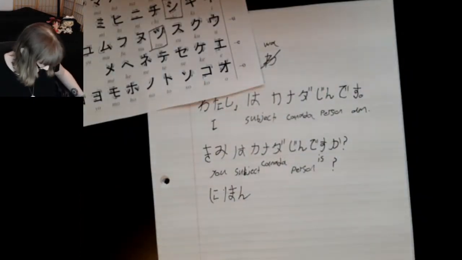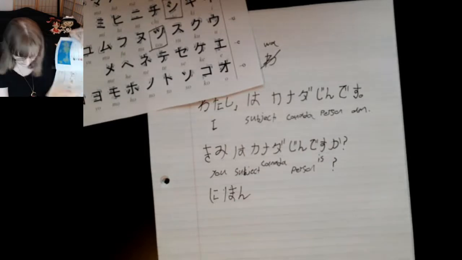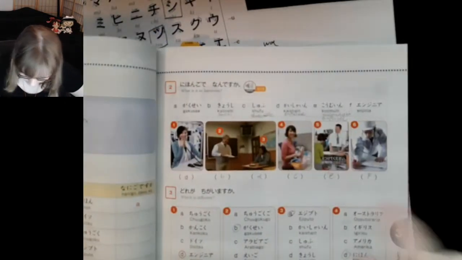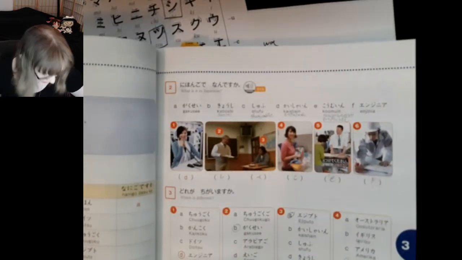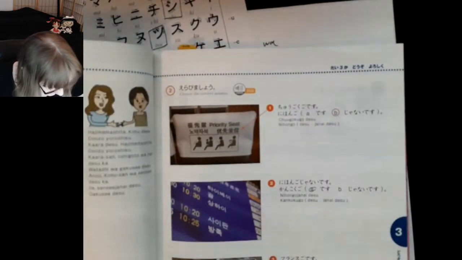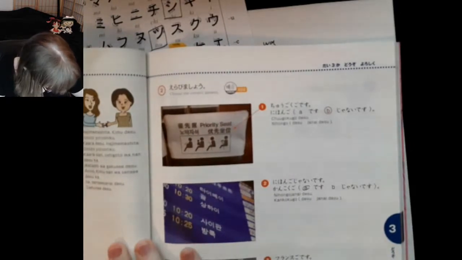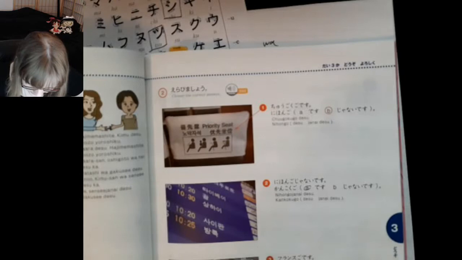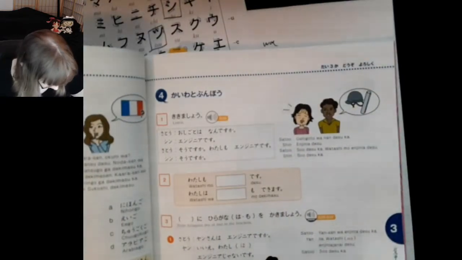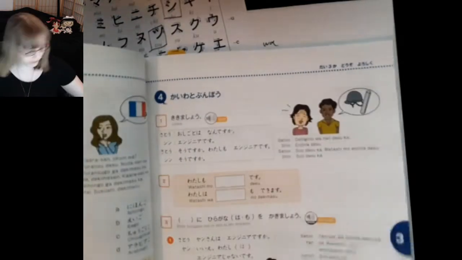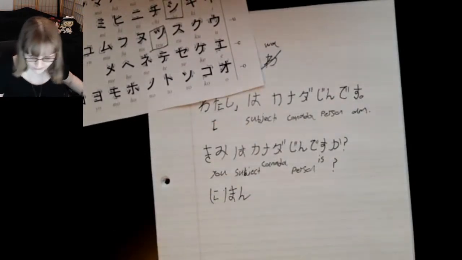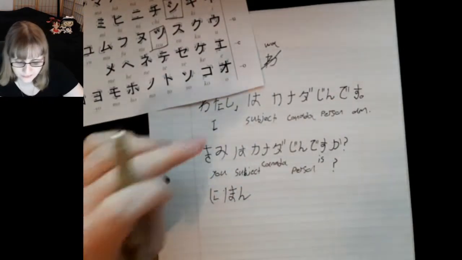Now, moving along. Actually, let's take a looky here. Yeah, it's looking at different ways to refer to countries, which I just said. Oh yeah, how to refer to a person with honorifics.